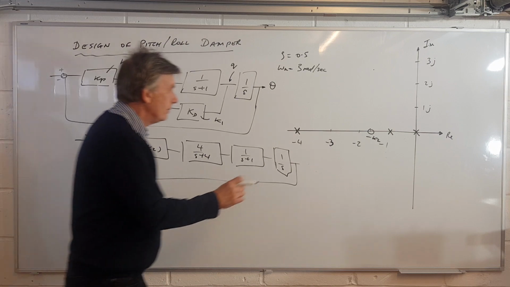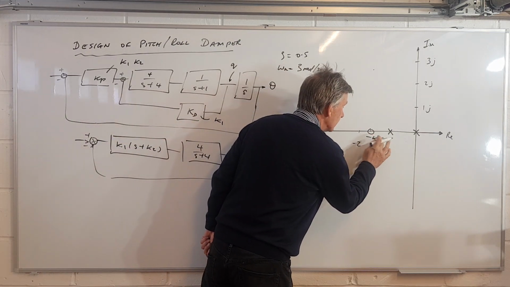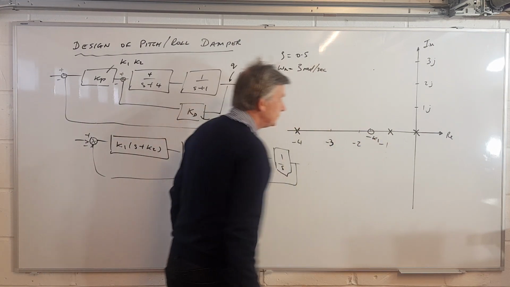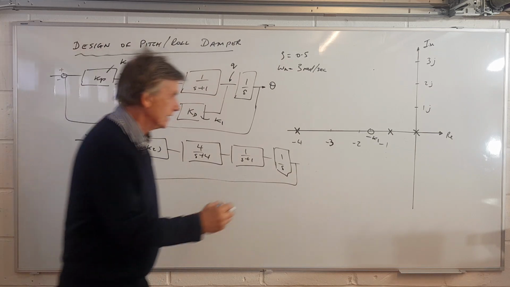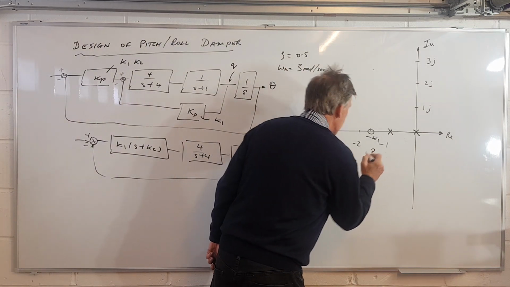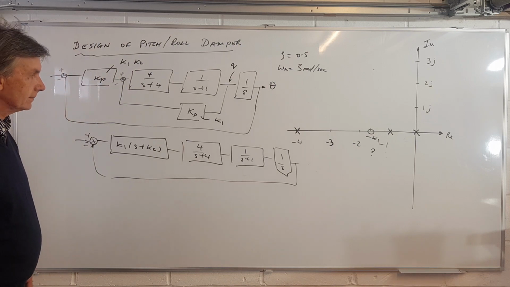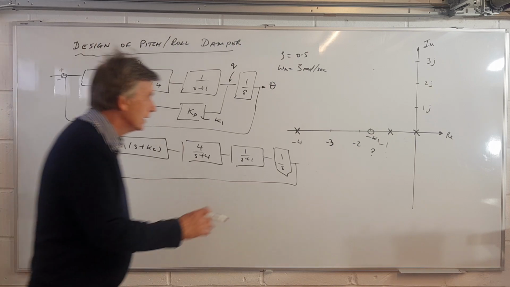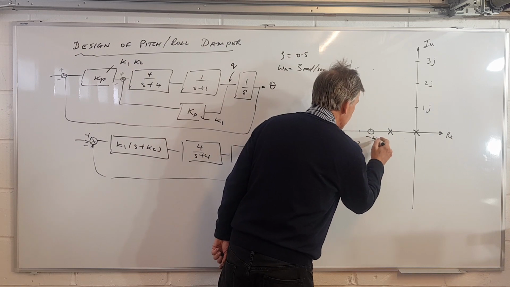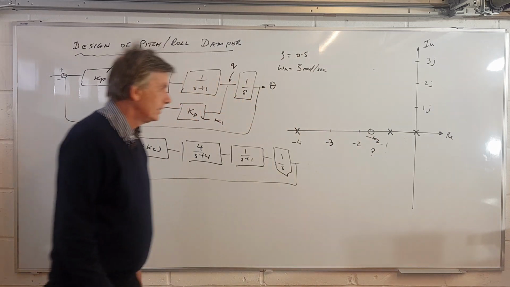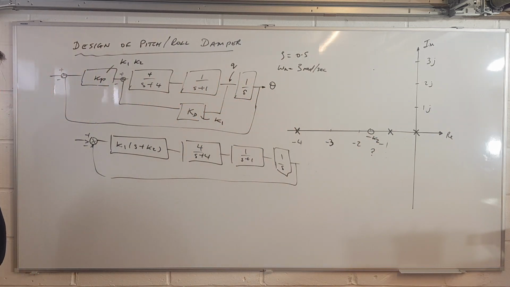So minus K1. Making a mistake here. But we don't know where that is yet. That's an unknown quantity, which we're trying to find now. It was wrong. It was K2.